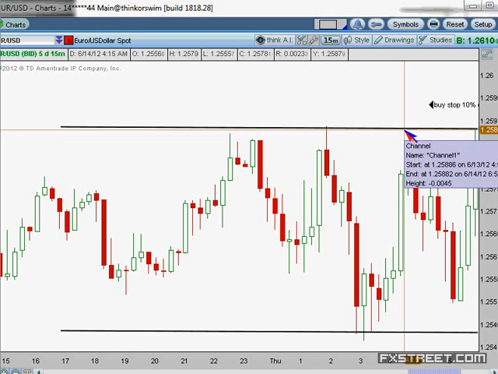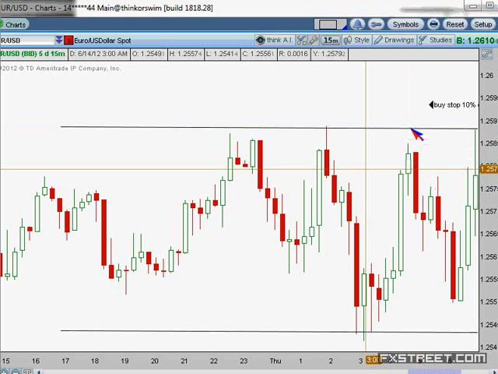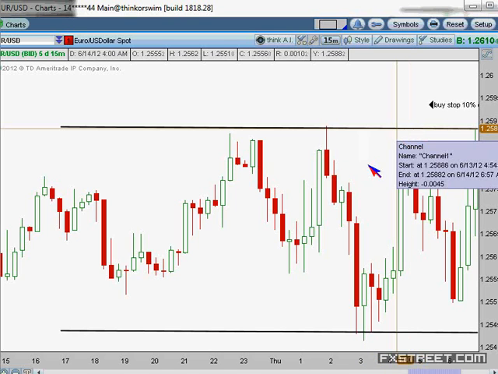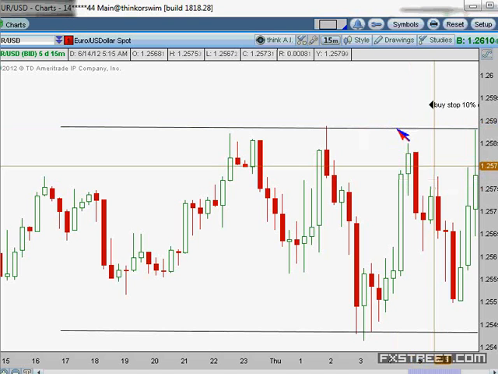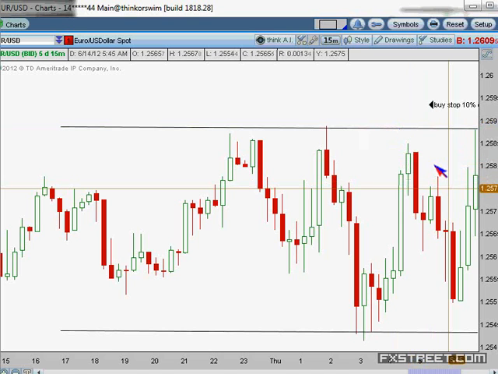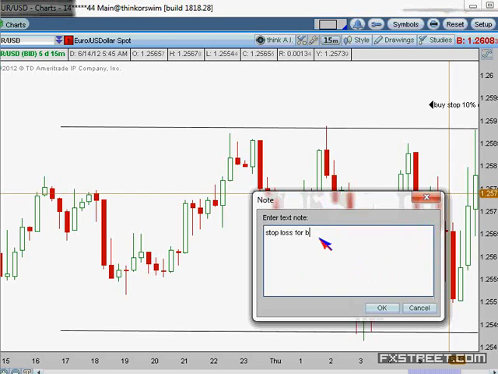So 10% was 4.5, or 4.5. 30% is going to be roughly 15. So we'll come back 15 pips inside from 125.88. We'll come back 15, which is 125.73. So our stop is here. Stop loss for breakout.